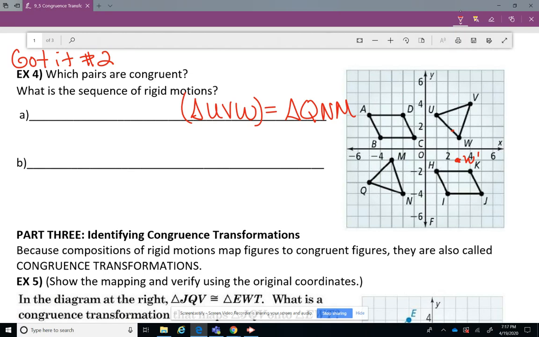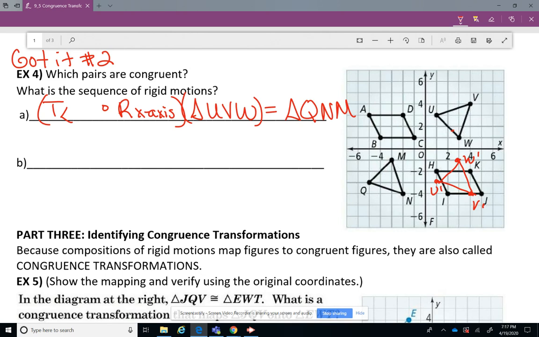Our U would be here, U prime. Our V would be 4 here, V prime. So this is what it would look like if we reflected it over the x-axis. So let's do that first. Let's reflect it over the x-axis. And then let's translate it.